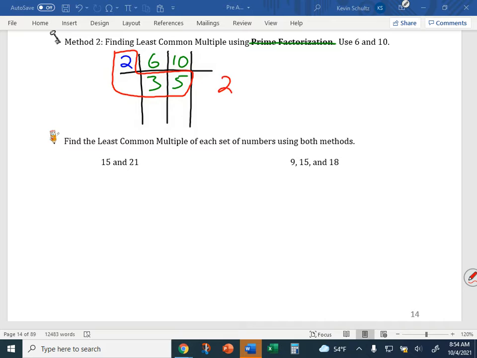So the LCM here would be 2 times 3 times 5, which is 30. Yeah. So if the grid method went well for you for greatest common factor, you can do the same thing for least common multiple, but how you get your answer changes slightly. Let's do 15 and 21. Let's do the grid to start with here.